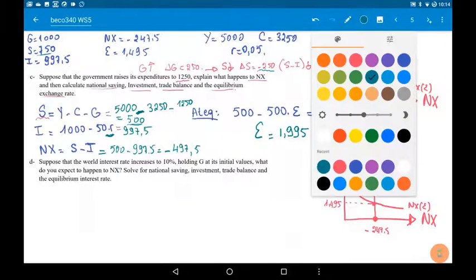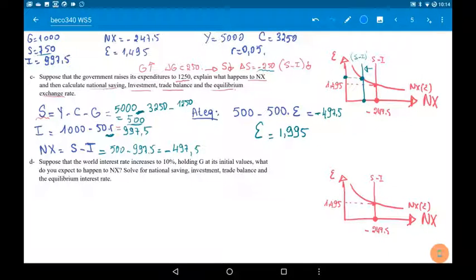So on our graph, you can see that the new net exports is here. The deficit increased and the new exchange rate increased.